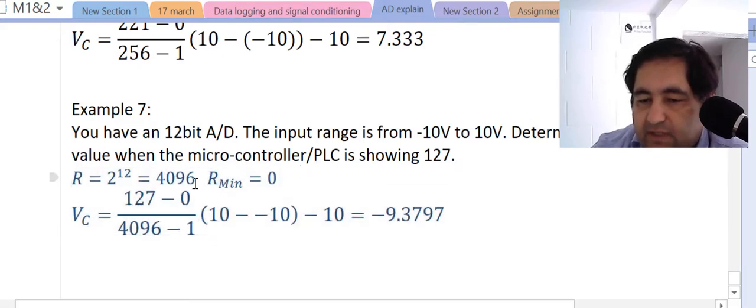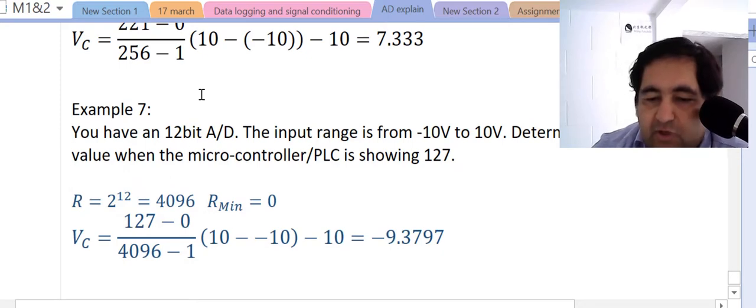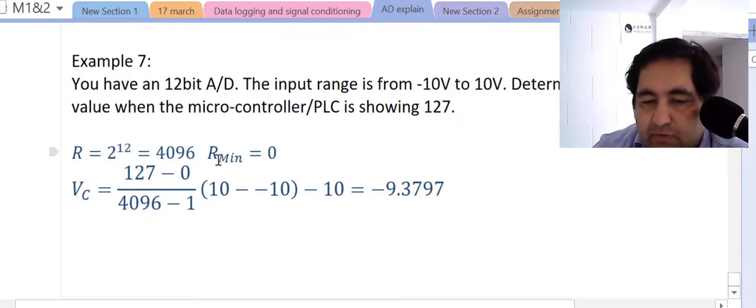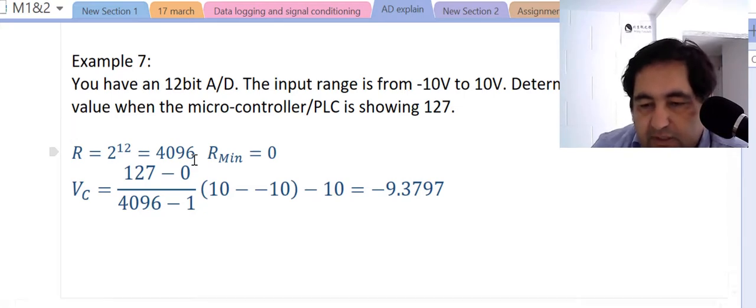Why is that happening? Obviously because we're now talking about a different A to D. The A to D in the previous case was 8 bits, but now the A to D in this case is 12 bits. So obviously they're not the same, and they behave in a different way.